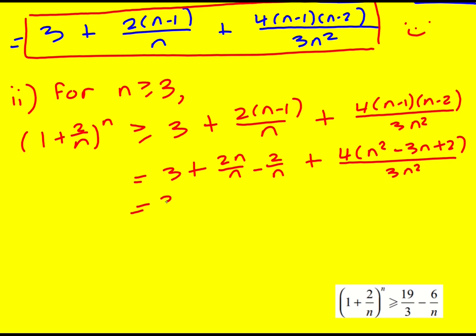So this becomes 3 plus 2 minus 2 over n plus 4n squared over 3n squared. So that actually becomes 4 over 3. And then minus 12n over 3n squared. That becomes minus 4 over n. And then 8 over 3n squared.